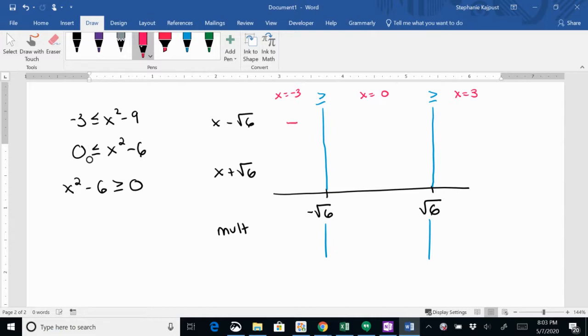So I'm going to get a negative here. I still get a negative here. Negative times a negative is a positive. If I plug in 0, that's negative, positive. Those multiply to a negative. And then this comes out to a positive. This is a positive, and those are a positive.